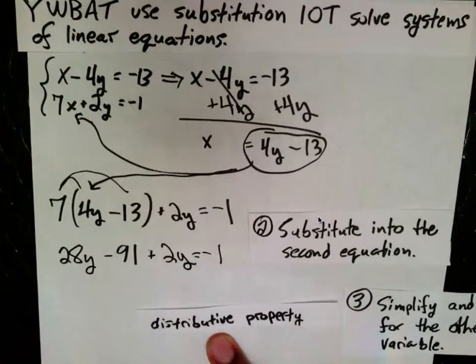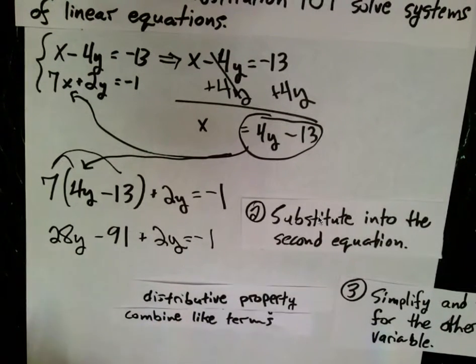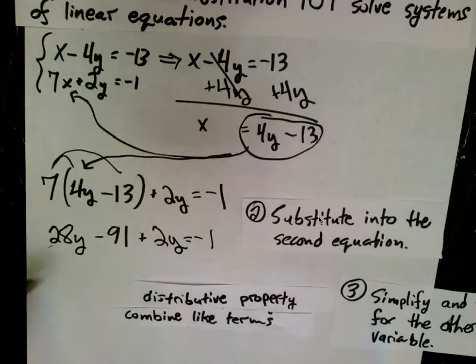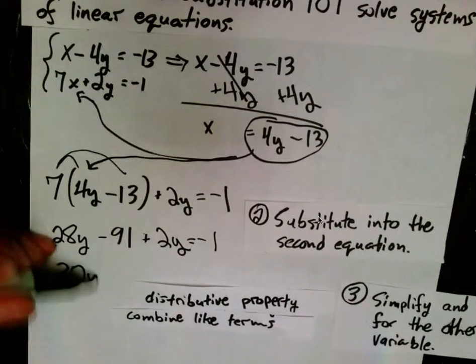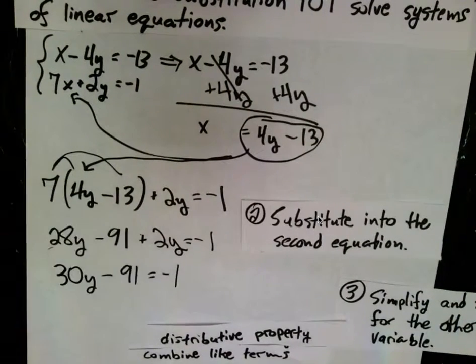And now I'm going to combine my like terms. I have a 28y and I have a 2y. They add up to 30y. 30y minus 91 equals negative 1.